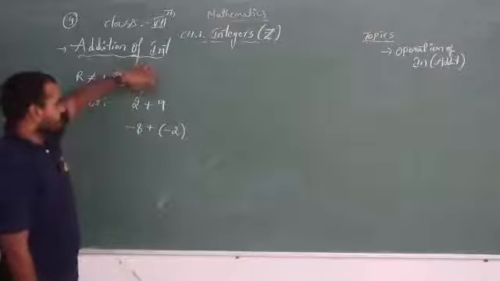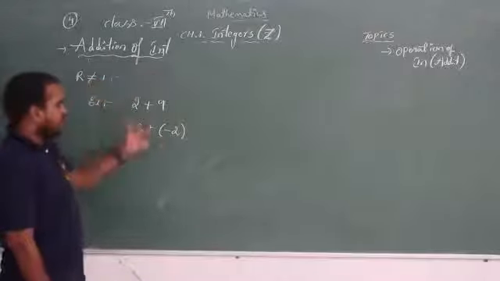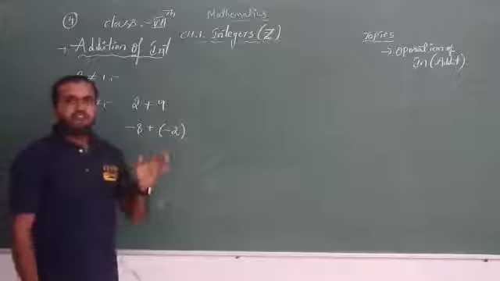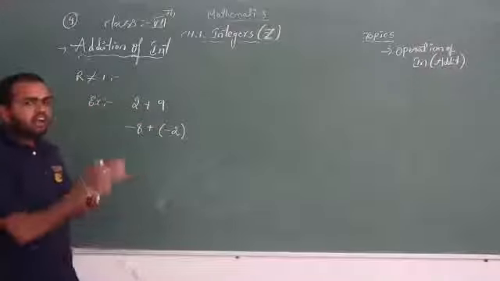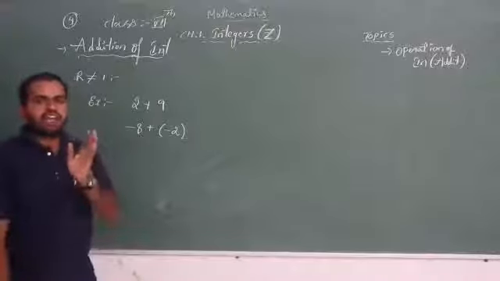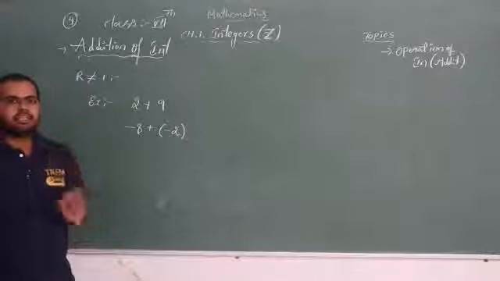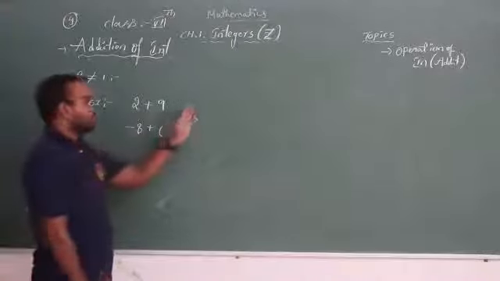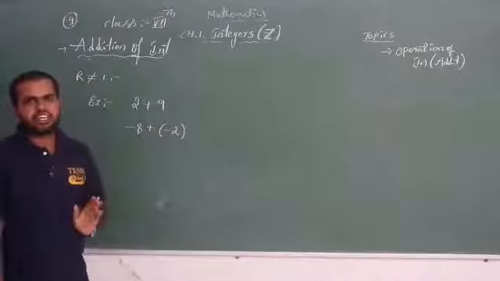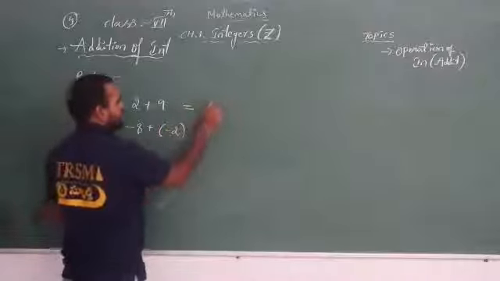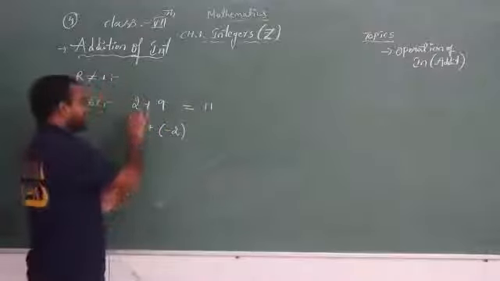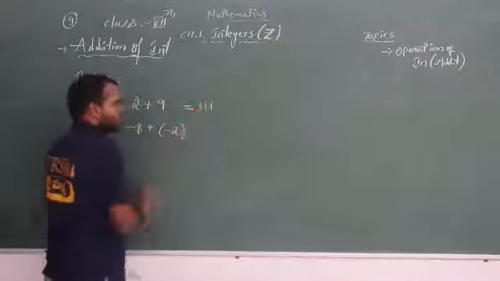According to rule number 1, whenever we are adding two positive numbers or two negative numbers, we add the numbers and take that particular sign for the sum. So 2 plus 9 is 11, and both are positive, so the answer is plus 11.